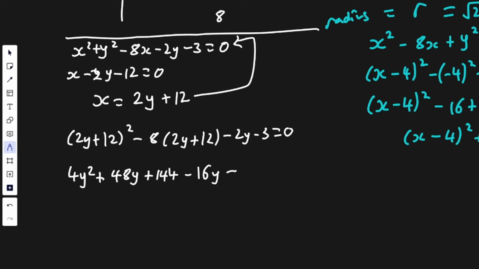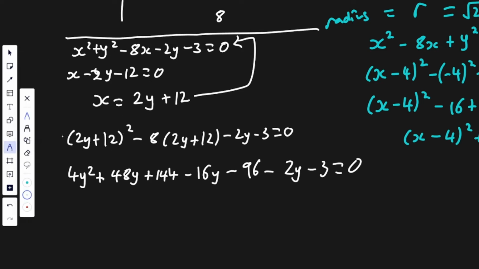Let's see, 8 times 12, yeah, 96, minus 2y minus 3 equals 0. Now, I feel like we're missing a y squared somewhere. And yeah, it was x squared plus y squared, so I should have had a y squared here.